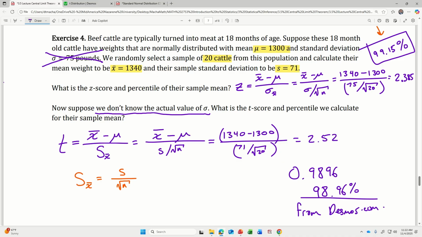That's pretty close. That's pretty close to the percentile we got earlier using the z-score. And again, that's because our sample standard deviation was pretty close, not exact, to the population standard deviation, right? So we expect it to be close.